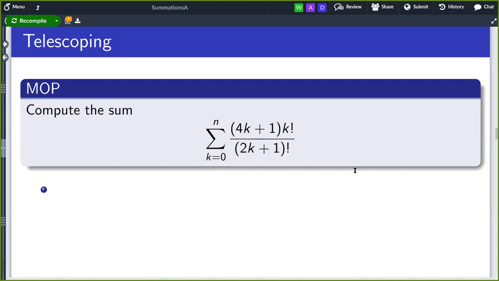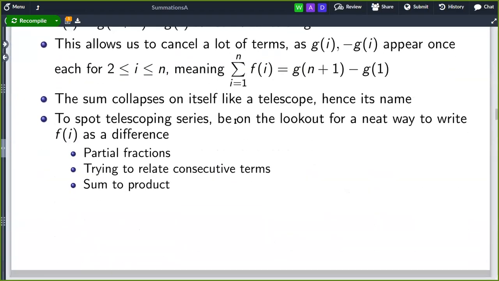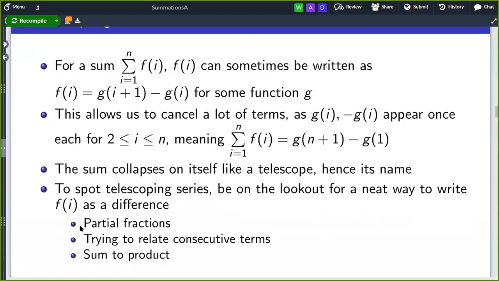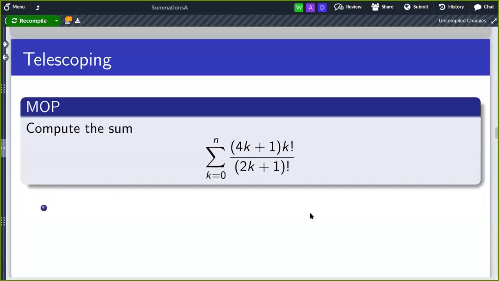If we look back at our strategies, one of the things we can try is to relate consecutive terms. So let's try to relate consecutive terms of this sum.